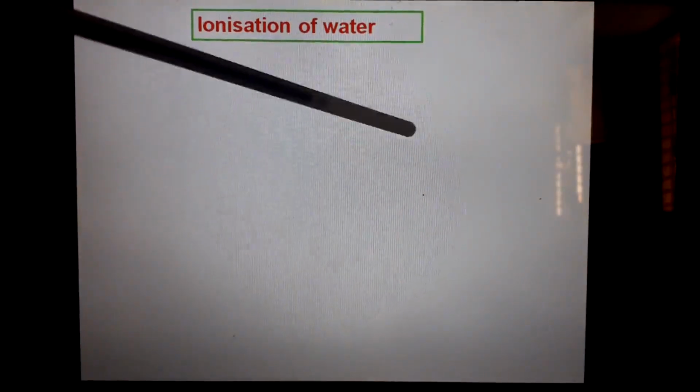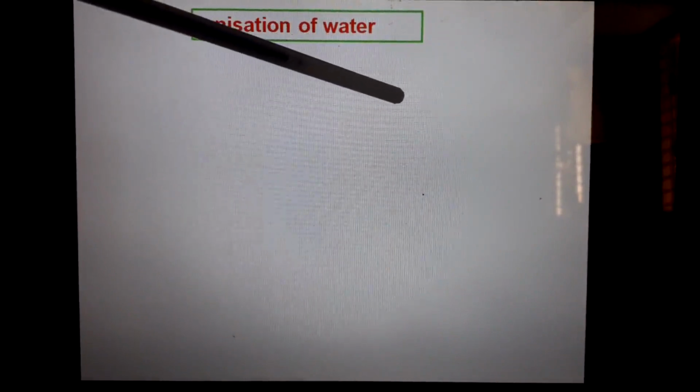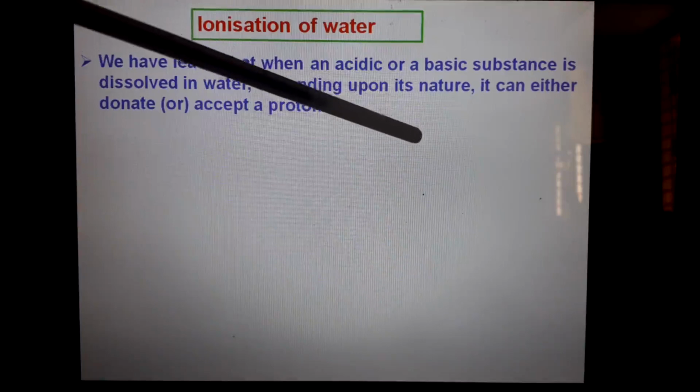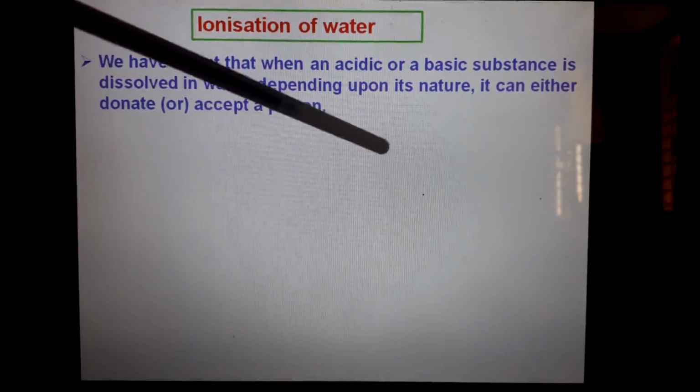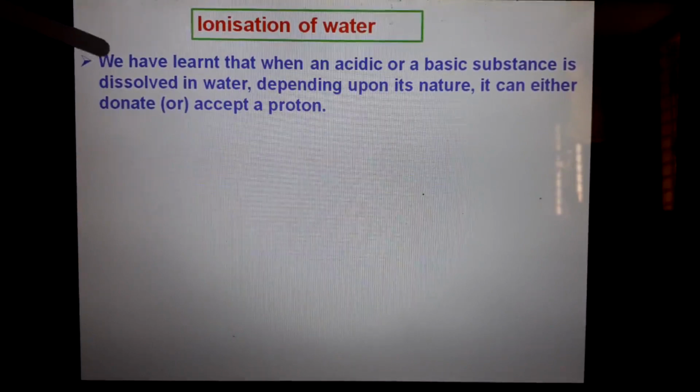Next topic, ionization of water. What is ionization of water? If any acidic or basic substance is dissolved in water, depending upon its nature, it can either donate or accept a proton.